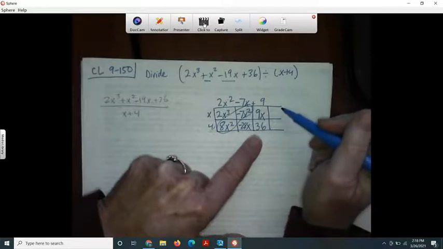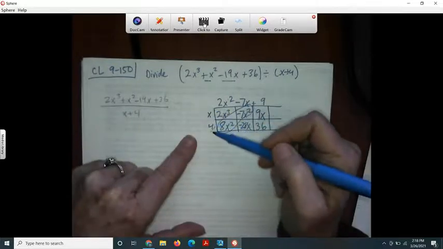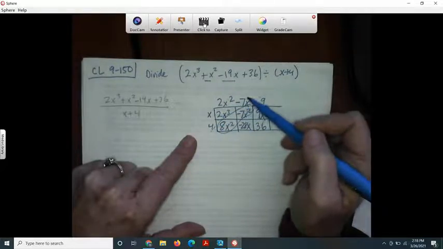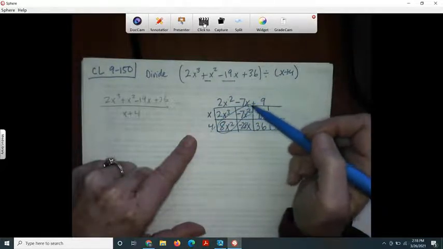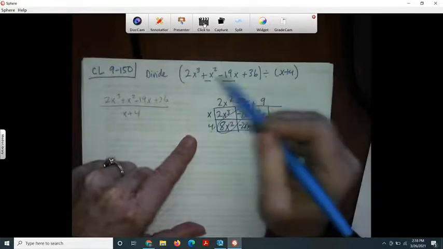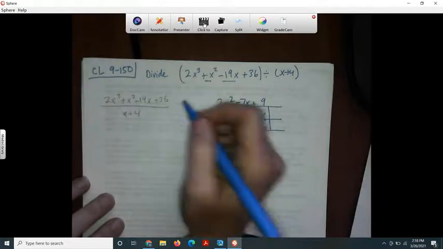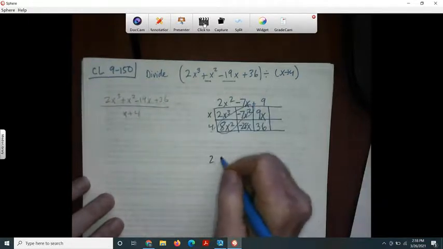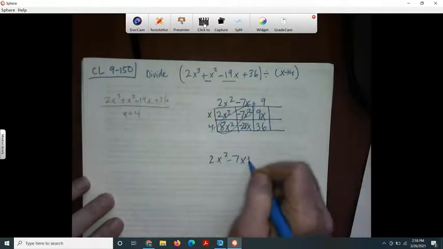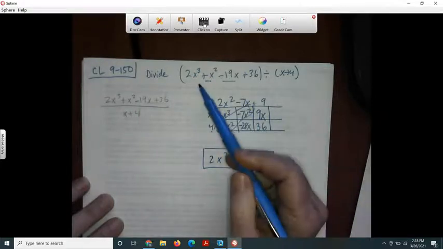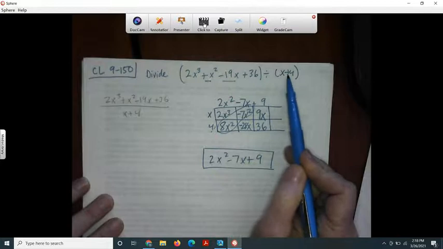What that means is that x plus 4 times 2x squared minus 7x plus 9 is equal to this cubic. So the answer that you're going to write is just 2x squared minus 7x plus 9. That's the answer to this divided by this equals this.